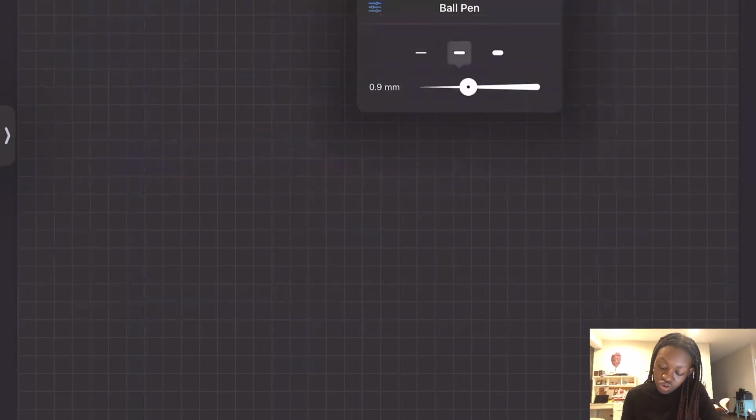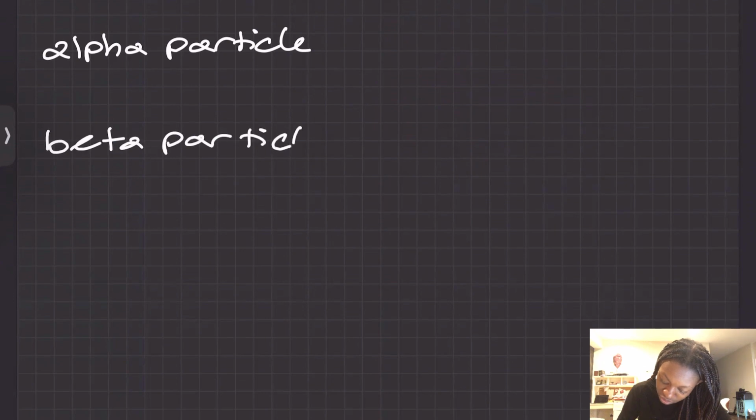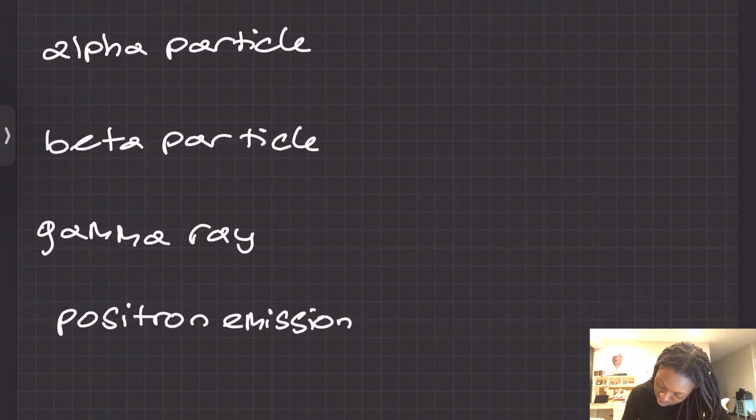So the four types of nuclear radiation that exist are the alpha particle, the beta particle, the gamma ray, and the positron emission.